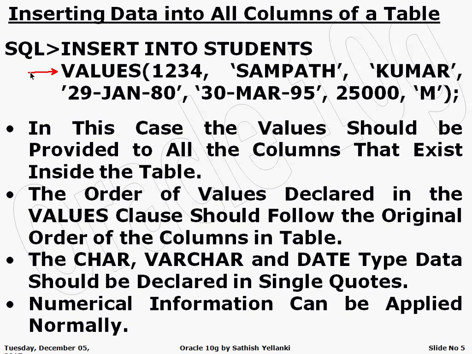Now, you are calling the values clause. Within the values clause, watch carefully, you are giving this value as 1, 2, 3, 4. So you are very clearly saying that in my table, whichever column is the first column, that column should take this 1, 2, 3, 4, which is numerical data. So, if that column has a number data type, then only this value will be taken, else it will be rejected.